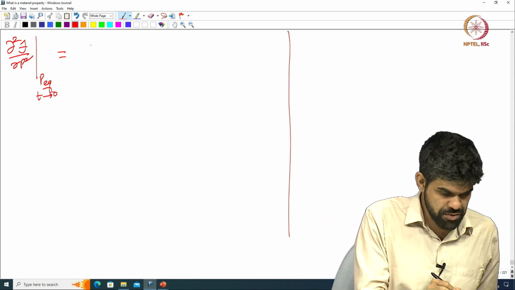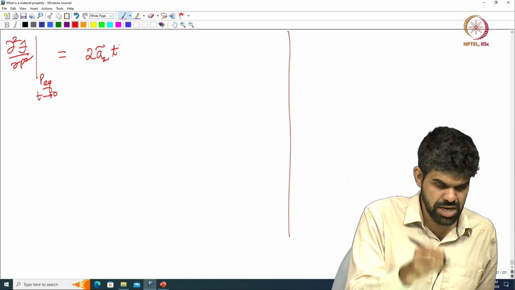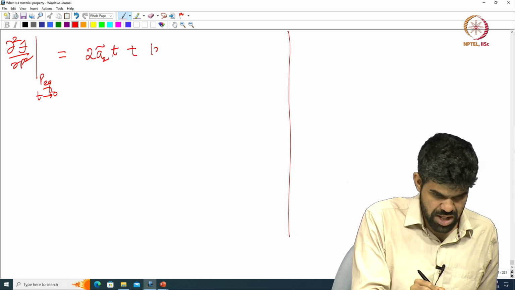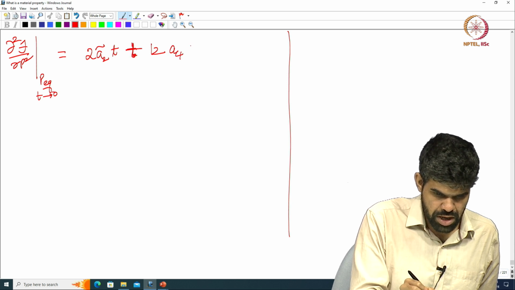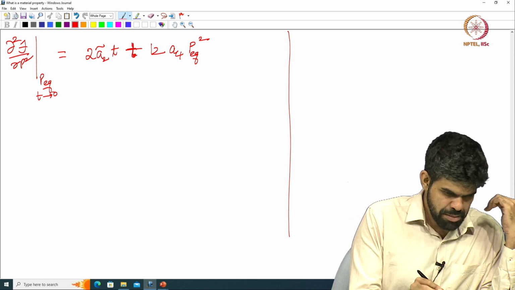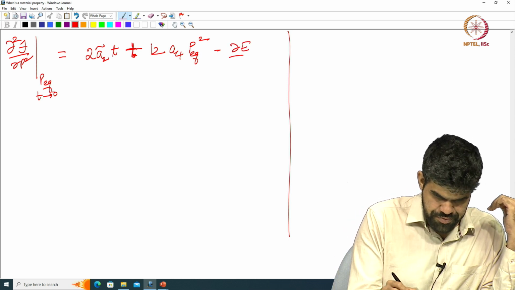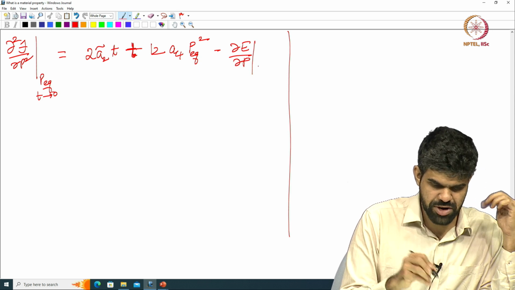So, that would be equal to 2 A2 T, the P here is gone, plus 12 A4 P equilibrium squared, and minus dou E by dou P at P equilibrium again, right.